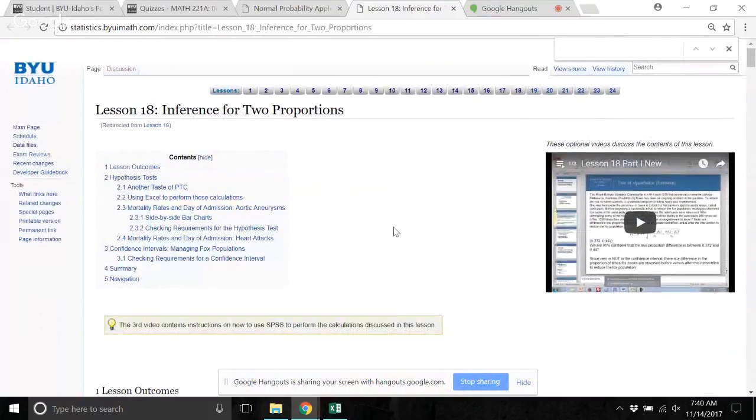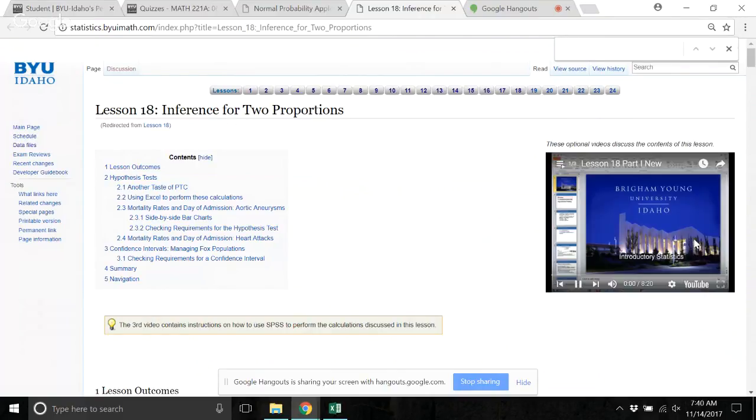In lesson 17, it says that p hat is called a point estimate of p. It was in the lesson 18 part 1 video. I think that's the formula right there.